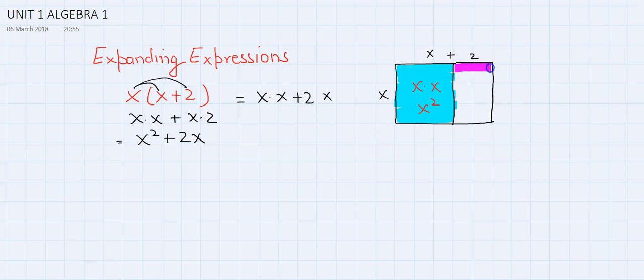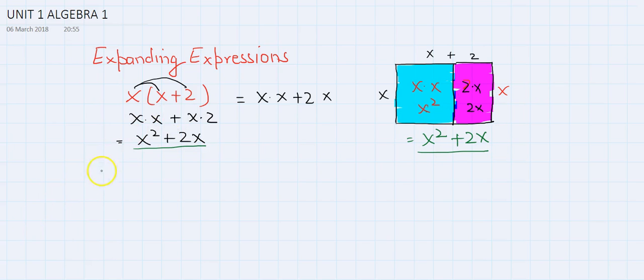And then in this area, this length is 2 and this length is x. So its area will be 2 multiplied by x, so this is 2x. So our answer will be x square plus 2x, as you can see here. So this is the visible proof of this.